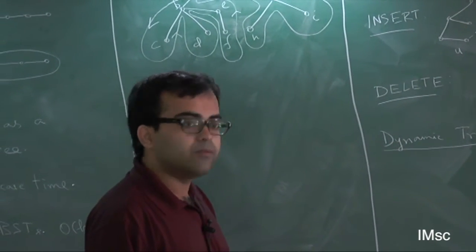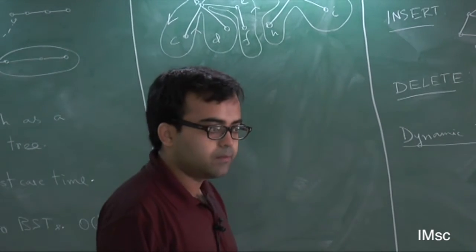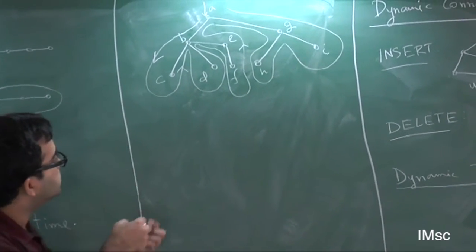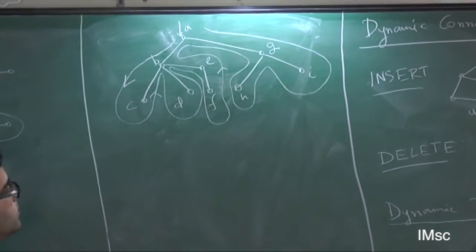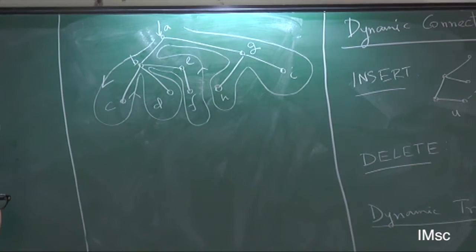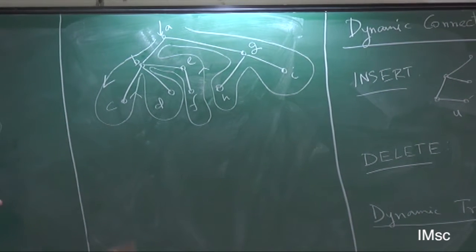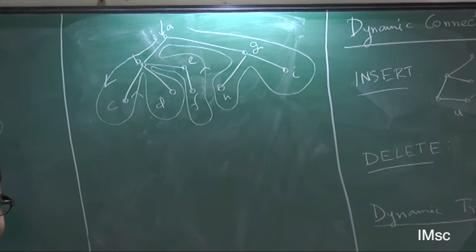Yes, you will be storing one node multiple times, but the total number of times you will visit the nodes will be equal to 2m, because each edge you will traverse in two directions.